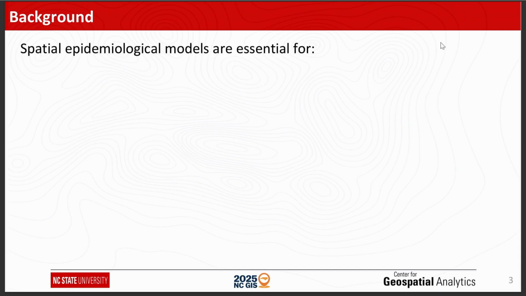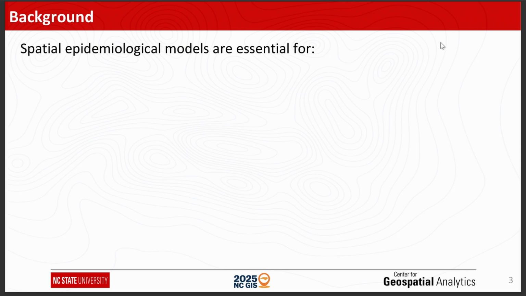So at my lab, we build spatial epidemiological models for livestock animals. And it's not exclusive to epidemiology that when you're building these models, you rely on good data.